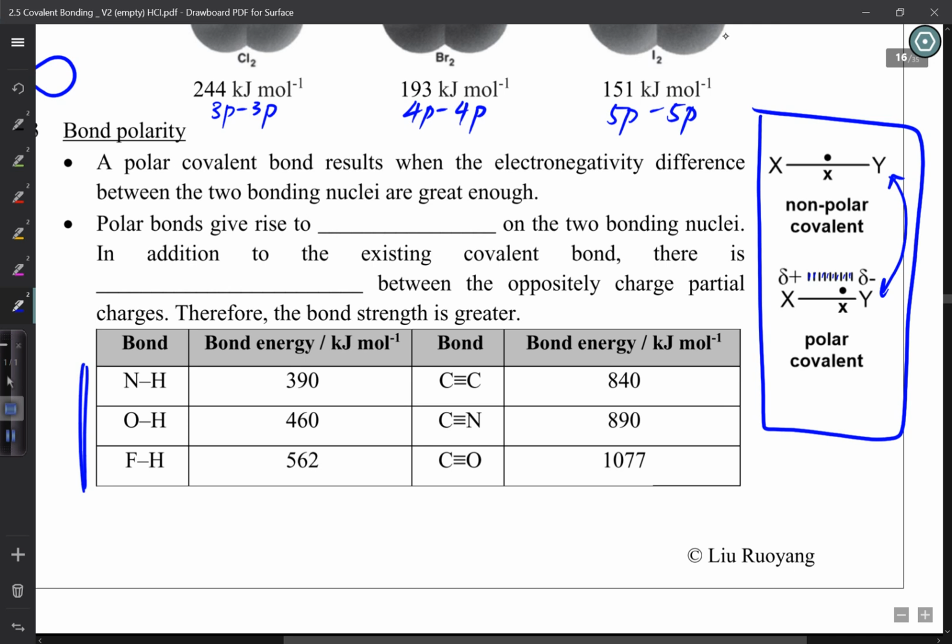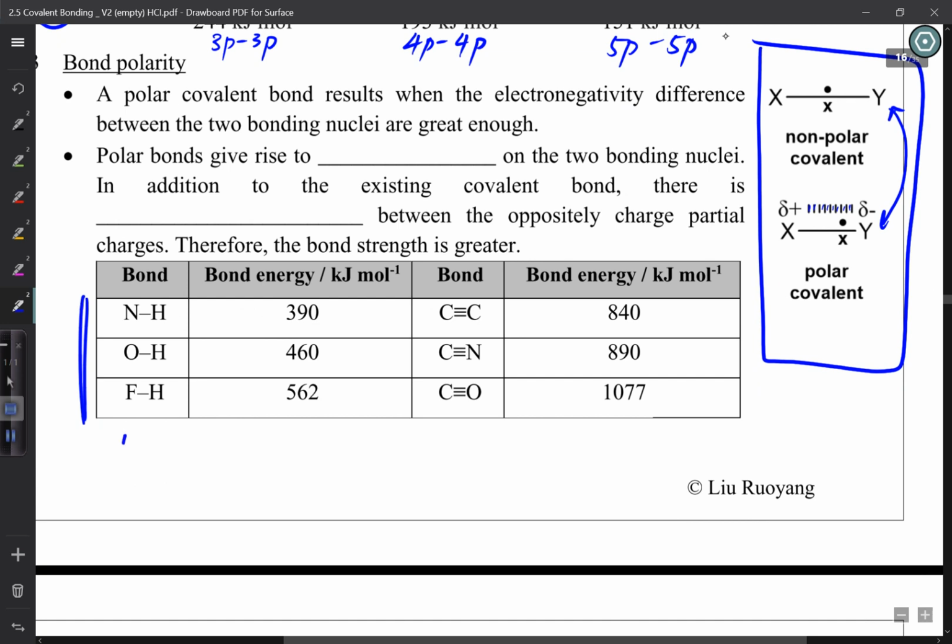Why is that so? Now if you compare NH versus OH, previously I asked you to practice on electronegativity difference, right? Now it comes in useful. If you compare O and N, which one is more electronegative? O, right? If O is more electronegative, previously I mentioned that you just draw a bigger delta plus and a bigger delta minus, whereas for nitrogen, it's less electronegative, so you draw a smaller one.